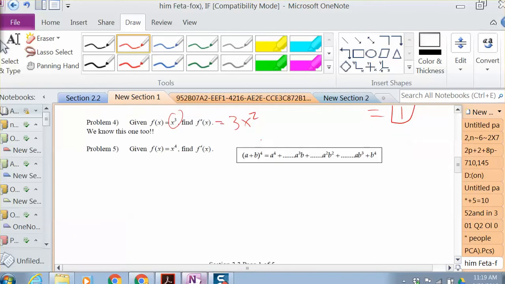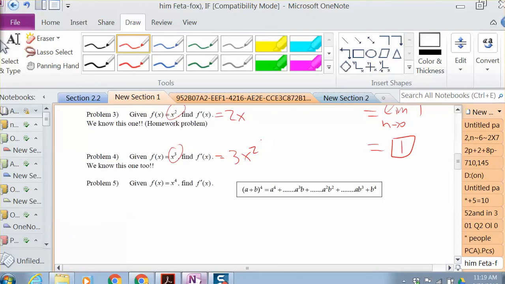So what we're starting to notice is that maybe we can just do some of the exponents and the coefficient and get the answer. So for problem number 5, what if we realize that the exponent just moves to the front and we drop the old exponent by 1 to get a new exponent? So we hope we can see that kind of conjecture.